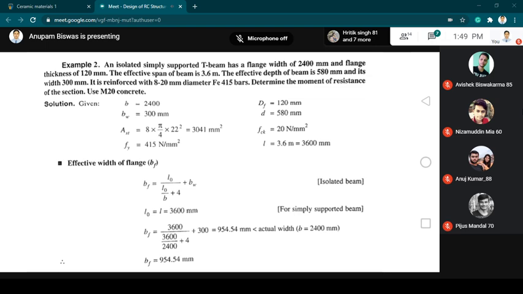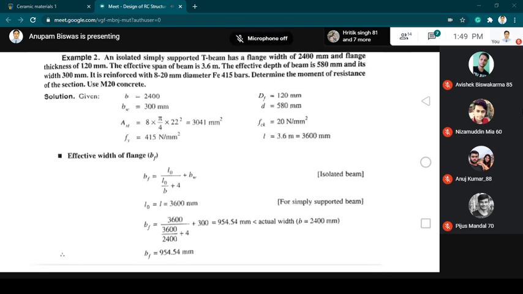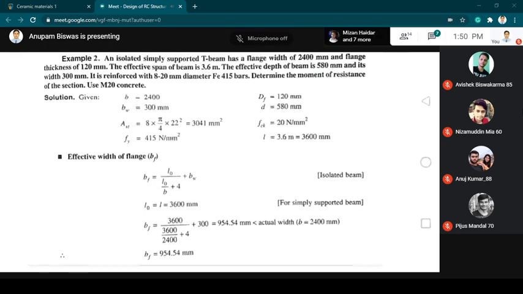Okay, but the actual flange width is considered as given here as B, that is 2.4 meter. So that is much more than the value bf. Okay, so bf as 954.54.